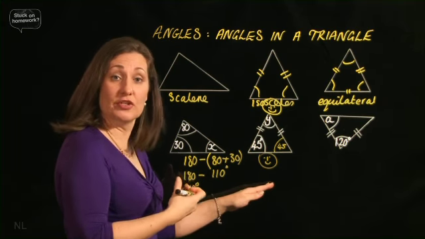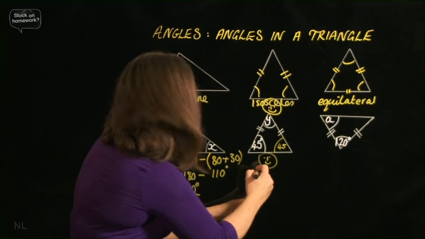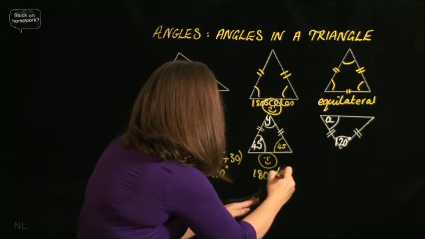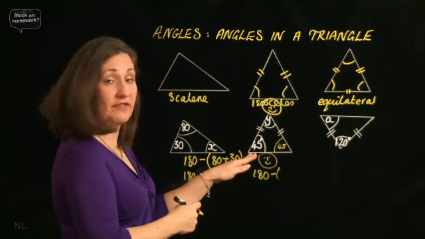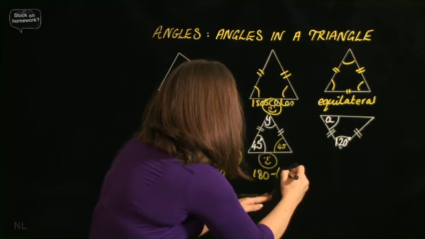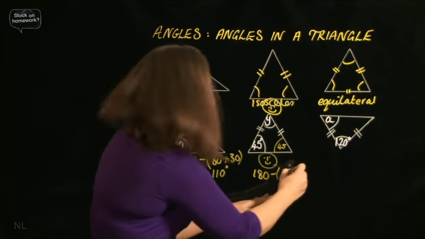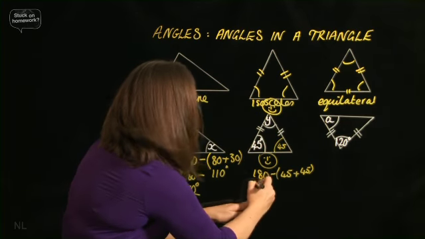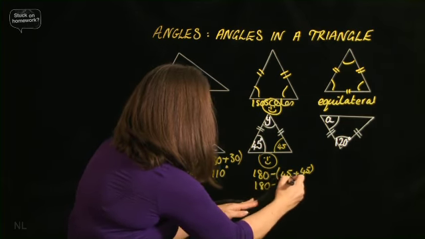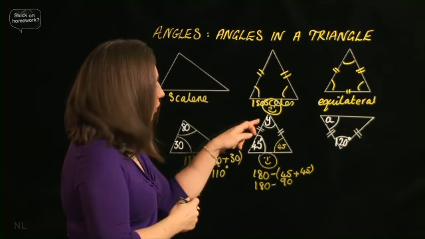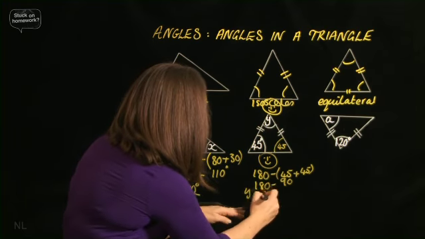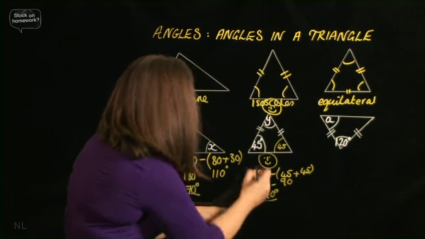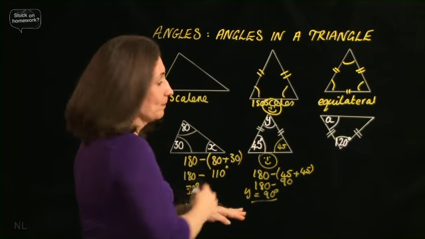Now, I know there's 180 degrees in a triangle. I've given away 45 degrees and another 45 degrees. So in fact, in total, I've given away 90 degrees. So y is 90 degrees. That y must be 90.